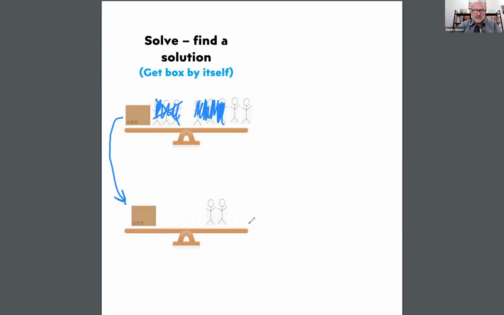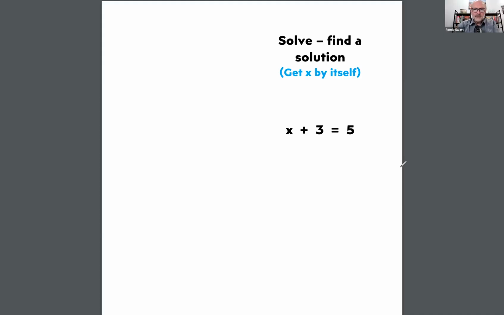Let's look at what this looks like with an equation. The idea is to get the variable by itself, just like we got the box by itself. I see here that there's a 3 next to the x. I want to get rid of that. That's a +3.